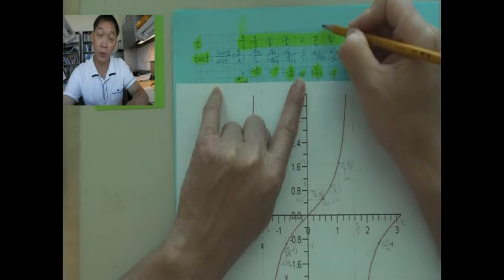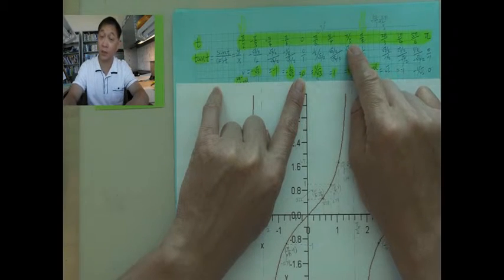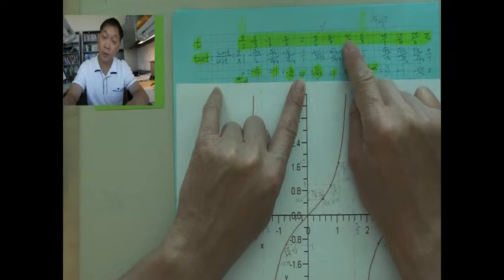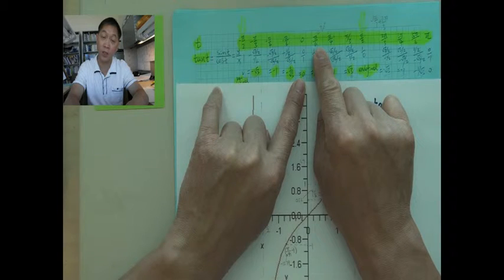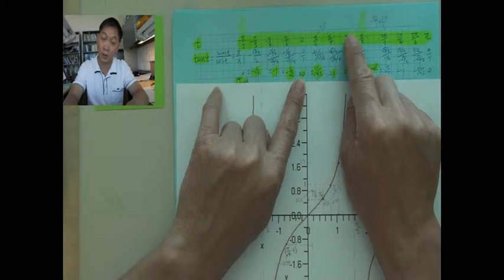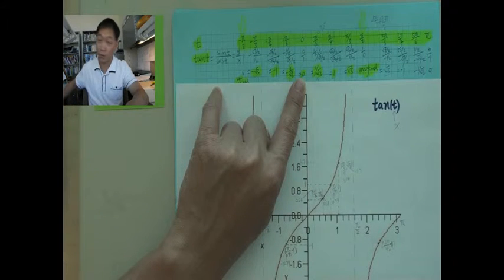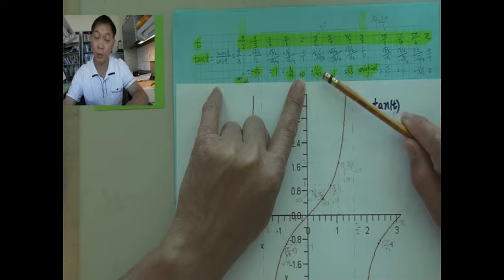Pi over 6 is 30 degrees, and pi over 3 is 60 degrees because pi is 180 degrees. Remember those two are different: denominator 6 gives 30 degrees, denominator 3 gives 60 degrees.